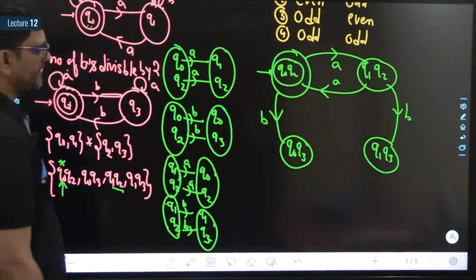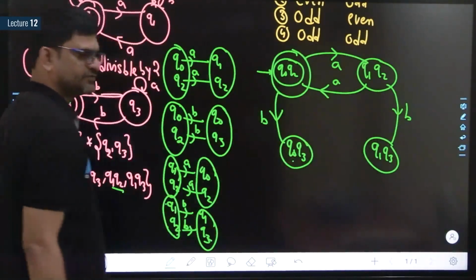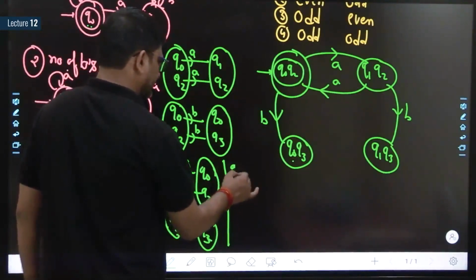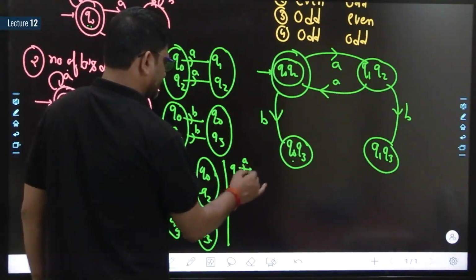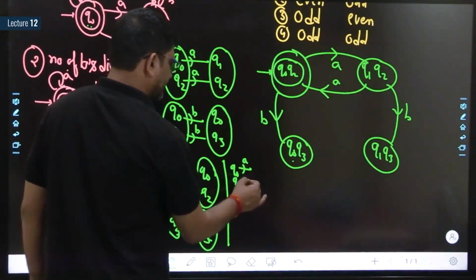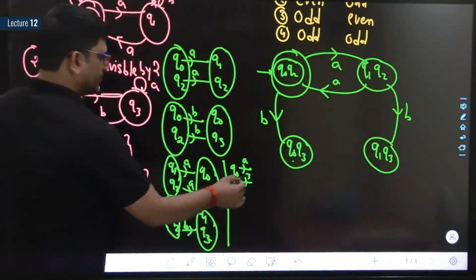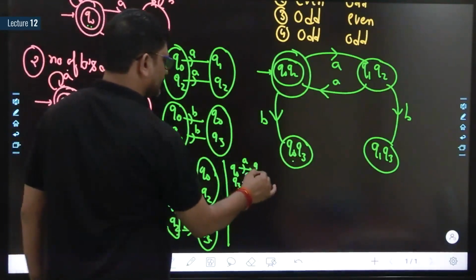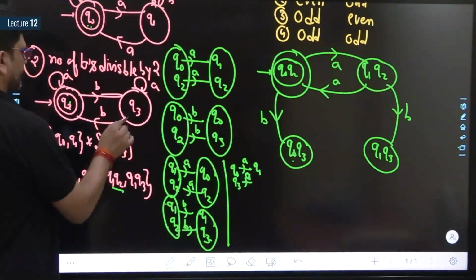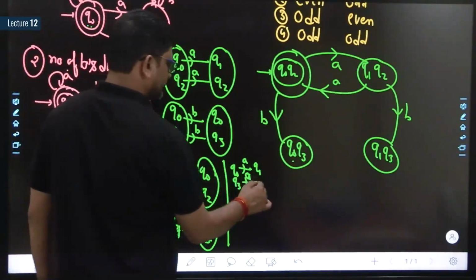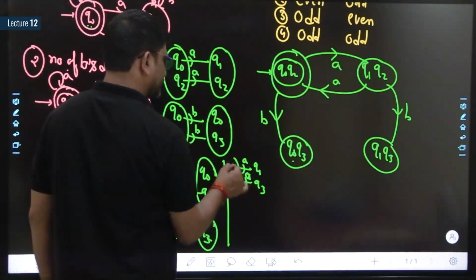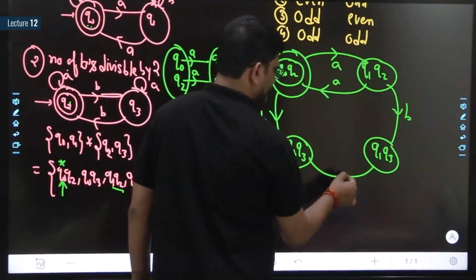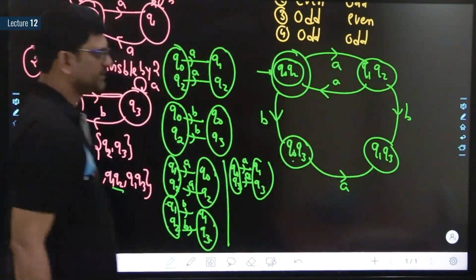Now find the transitions of Q0Q3. Q0 on A goes to Q1, Q3 on A goes to Q3, so Q0Q3 on A goes to Q1Q3. Clear?